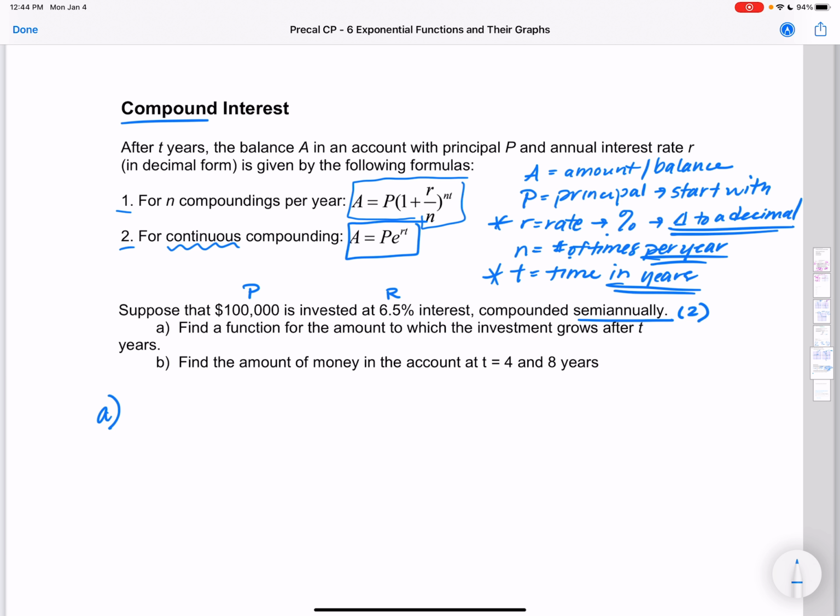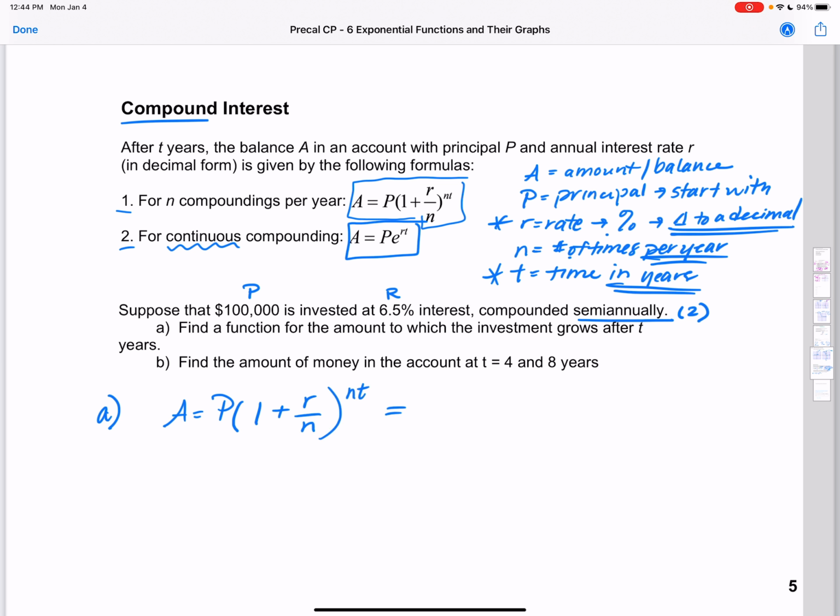We'll just use the first equation. A equals P times (1 plus r over n) to the nt. And we're going to plug in what we know. I don't know my amount yet, because that's what I'm going to write, a function for the amount after t years.